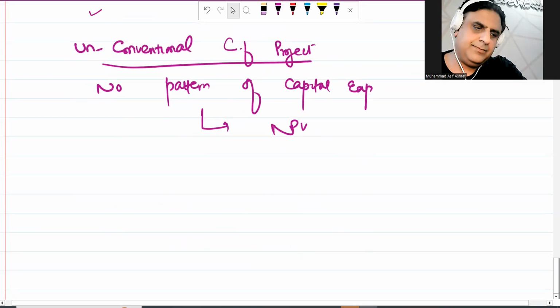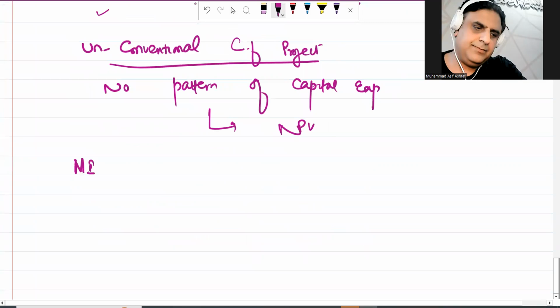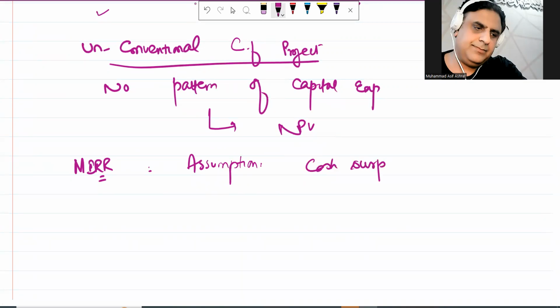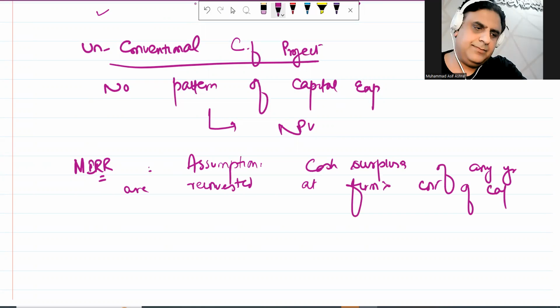On the other hand, what does MIRR basically represent? The MIRR assumption is that the cash surpluses of any year are reinvested at the firm's cost of capital. So this is the major difference between MIRR and IRR.